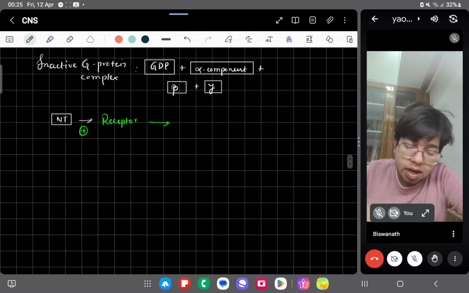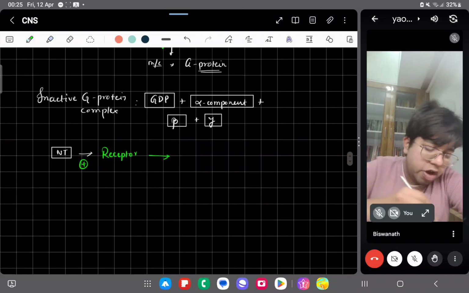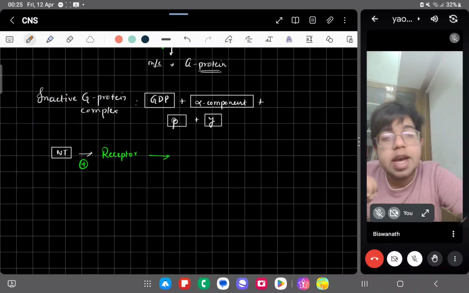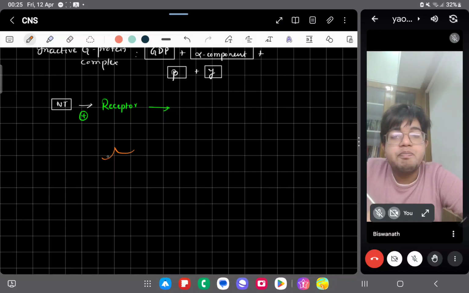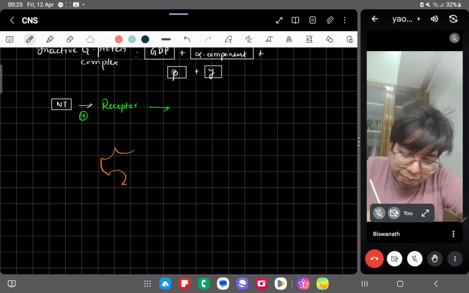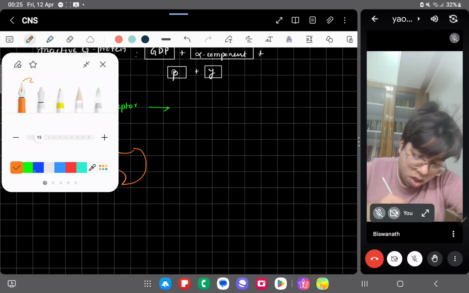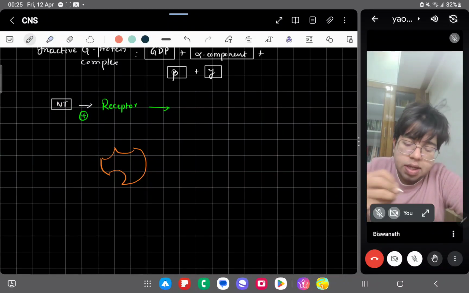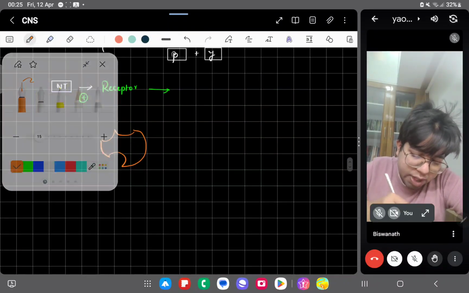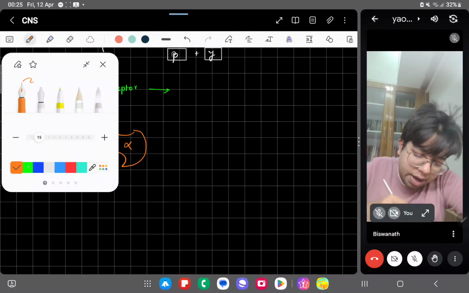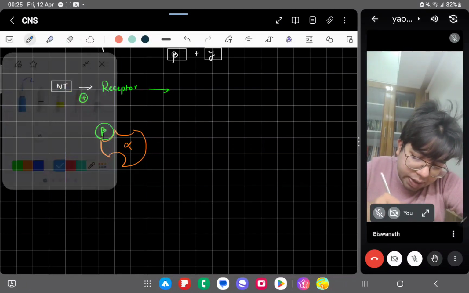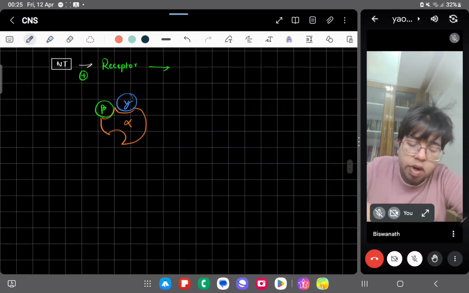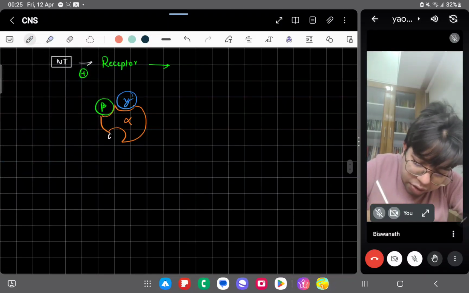If you are not understanding, let me draw it. If I draw it, it will be easy for you. Let's say this orange one is your alpha component, and let's draw the beta in green and the gamma component in blue, and a GDP will be linked to it, right?